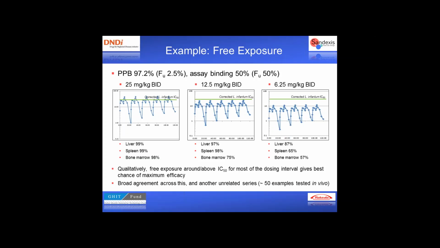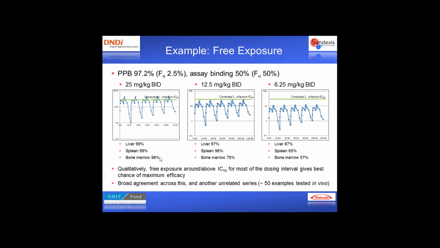Not quite so good at 12.5 mg per kg, we're only just spiking up to the IC50 each day, and then at a lower dose of 6.25 we're a good 2 or 3-fold off the IC50. And that's then reflected in the in vivo efficacy outcomes that we see. So at 25 mg per kg BID, we see very high levels of efficacy, approaching 99% across all 3 organs.